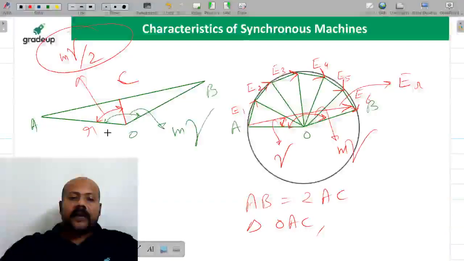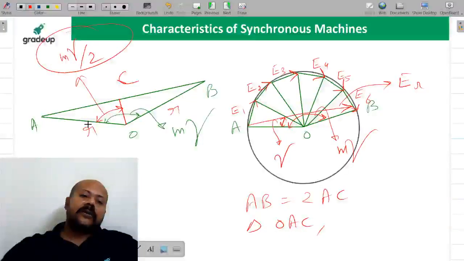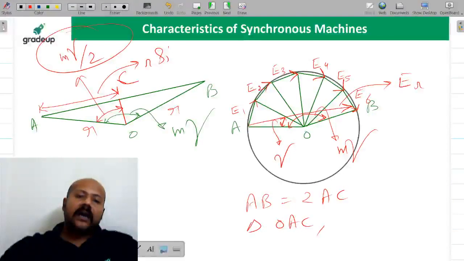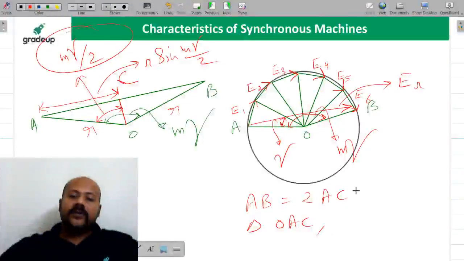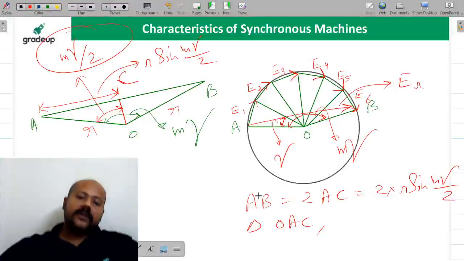Suppose this is R. So this is going to be R cos m gamma by 2, and this distance is going to be R sin m gamma by 2. So AC is R sin m gamma by 2, and the total AB is going to be 2 times R sin m gamma by 2.